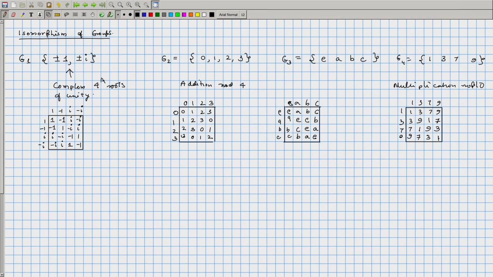See, if instead of writing 0, 1, 2 and 3, I had named them differently, and if I had written this entire thing in binary, so 00, 01, 10, 11, and filled up this table, they are exactly the same in a certain sense. It is just that the names are different. So, upon renaming, these 2 groups are the same.